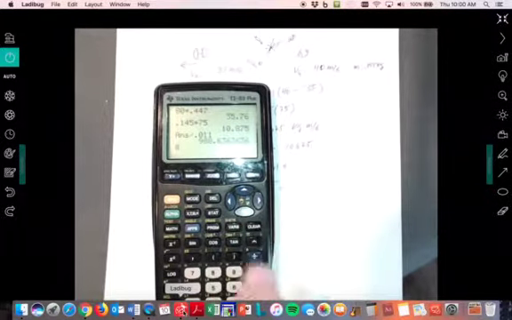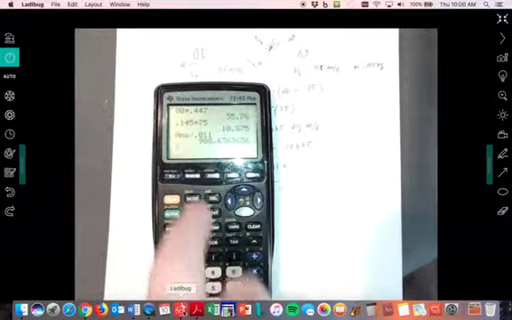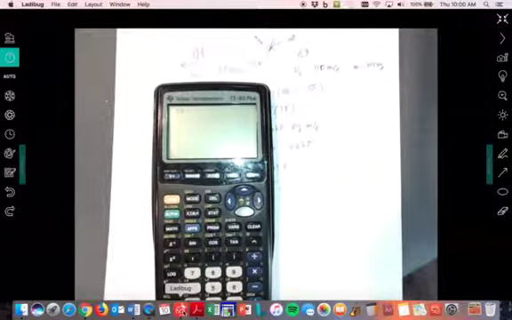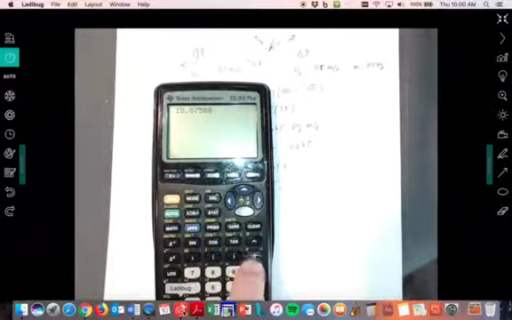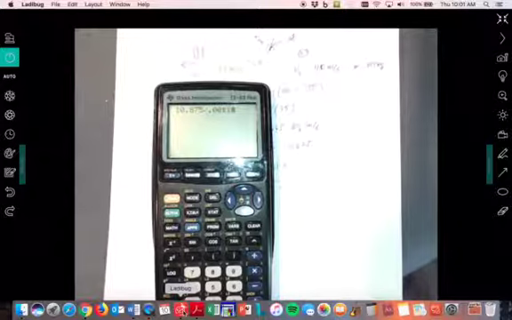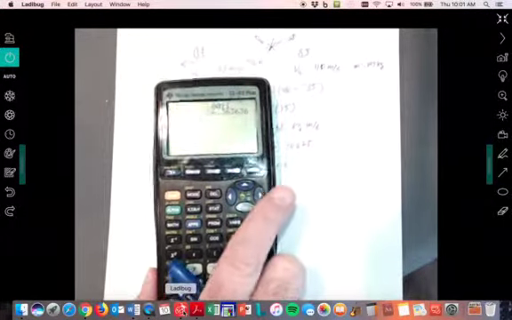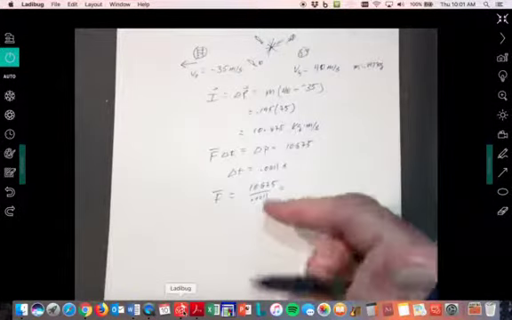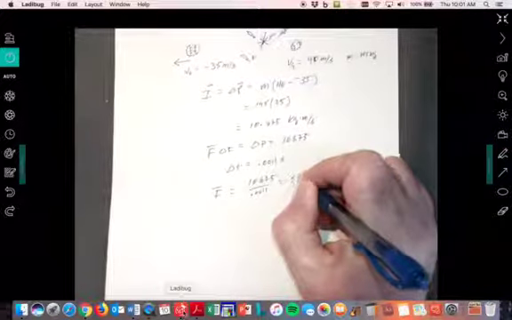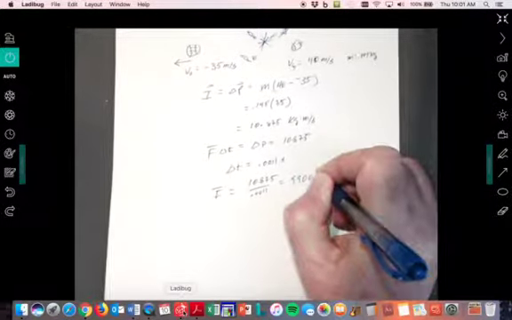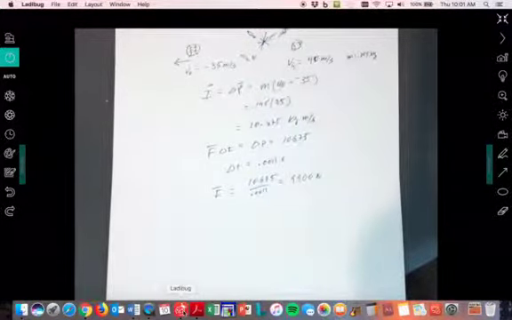See, I did this wrong first. First, let's say 0.001. So let's get rid of that. So we got 10.875 divided by 0.0011. Boom! Almost 9,900 newtons.